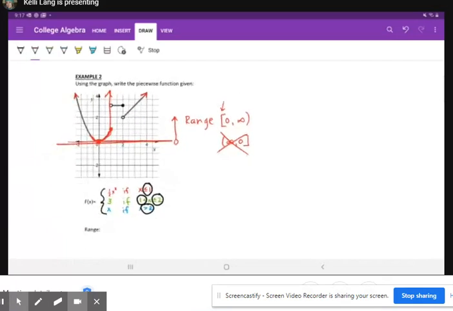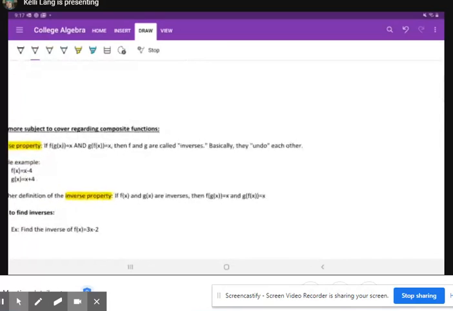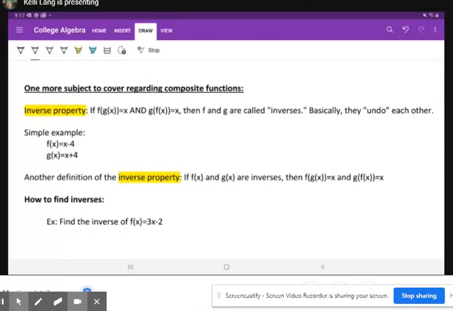In addition, it just came to my attention earlier today in class that you guys might not know what an inverse is, and I was afraid of that. So I typed this up just in case you didn't know. And this is something you'll probably want in your notebooks. This is a definition. We've talked about composite functions.